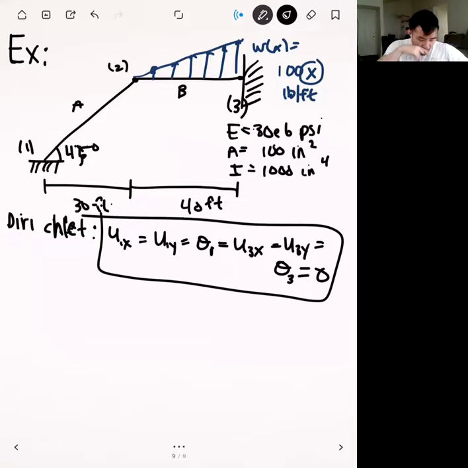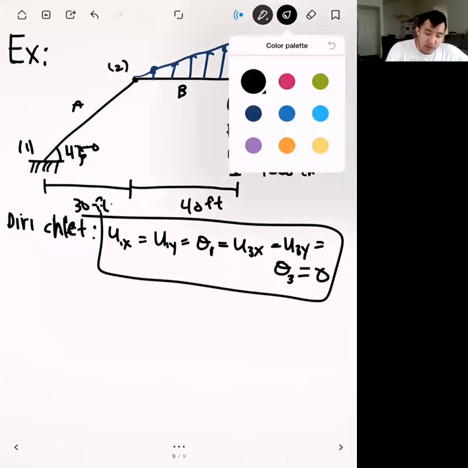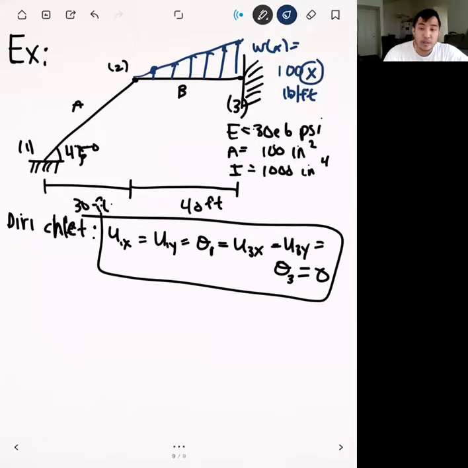For our Neumann boundary conditions, those are going to come from our distributed loading. For problems with distributed loading, before you launch into computing the element stiffness matrix and assembling the boundary conditions, you have to compute the nodal loads. So first we're going to convert this distributed loading into nodal loading.